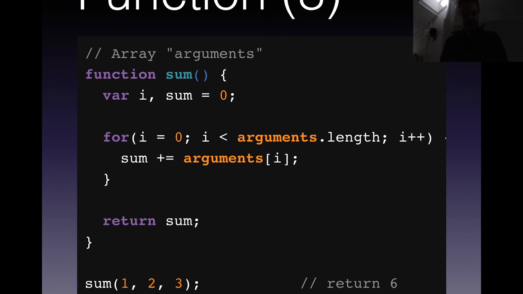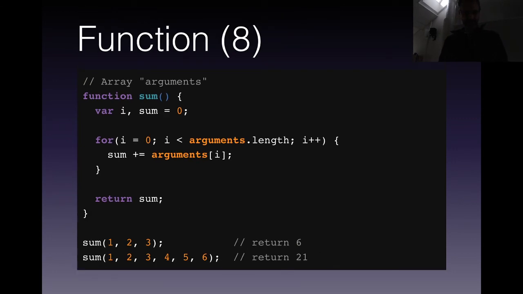Let's have another one. Many languages have this type of construct. Here you see we send no arguments into it, and still when we are using the function, we send a lot of arguments, so it still works.